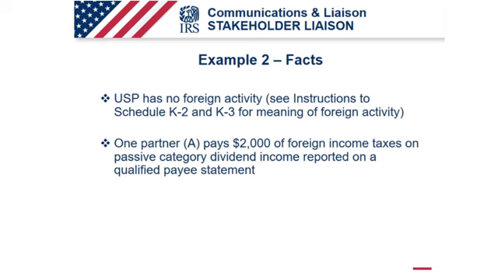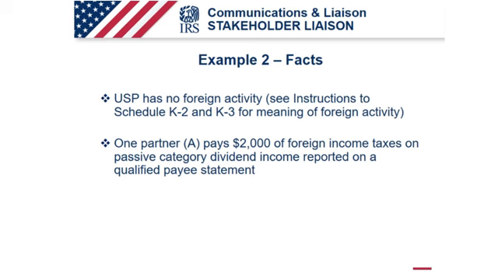So the first example was about wanting the asset information. Now this example shows why the partner might want to get the gross income information from the partnership, and particularly in this case because the partnership is all U.S. source activities, it's the share of the partnership's U.S. source gross income.